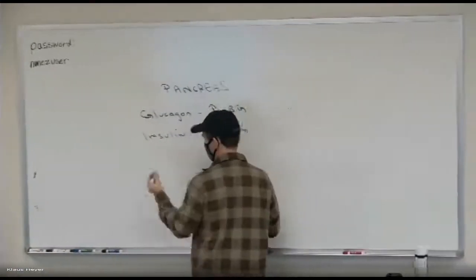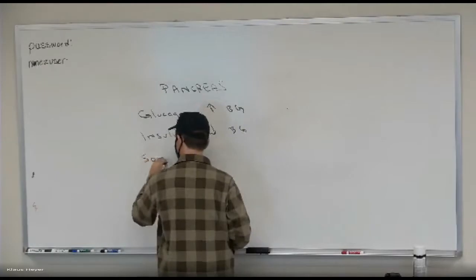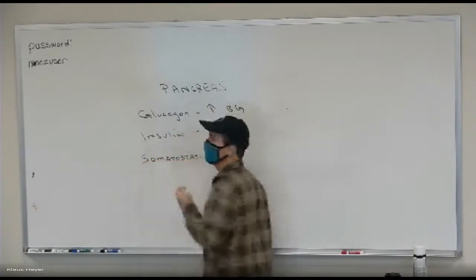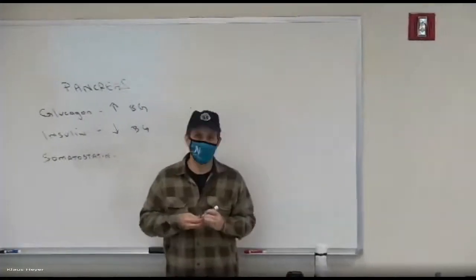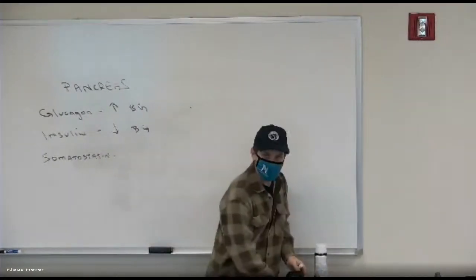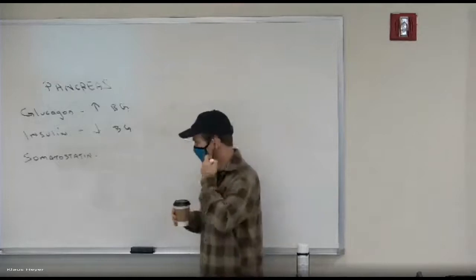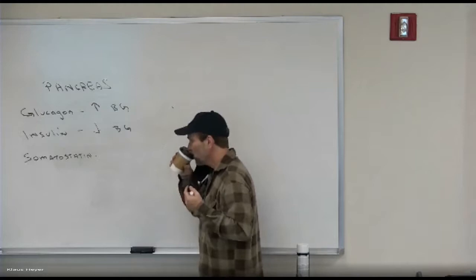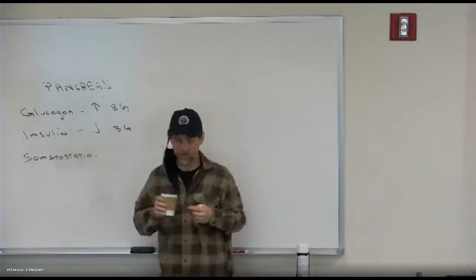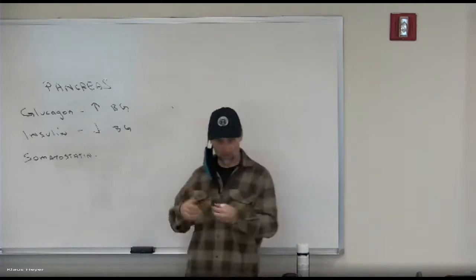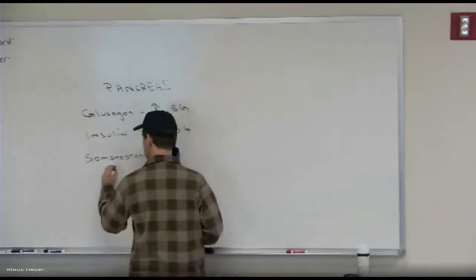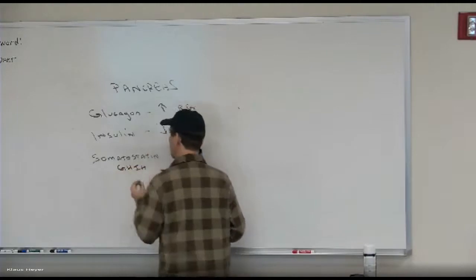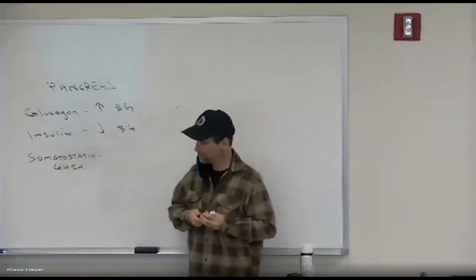Then we have a third hormone called somatostatin. You remember that word? I mentioned it briefly before, so I wouldn't blame you. Somatostatin is also known as, take a sip of coffee, build up the suspense, growth hormone inhibiting hormone.